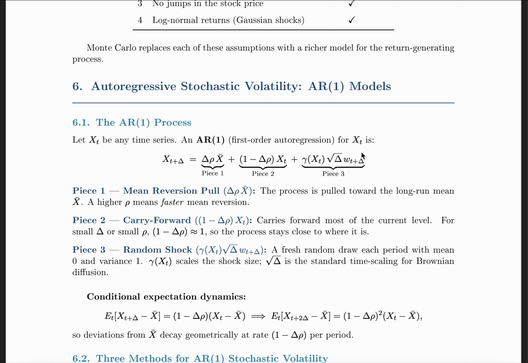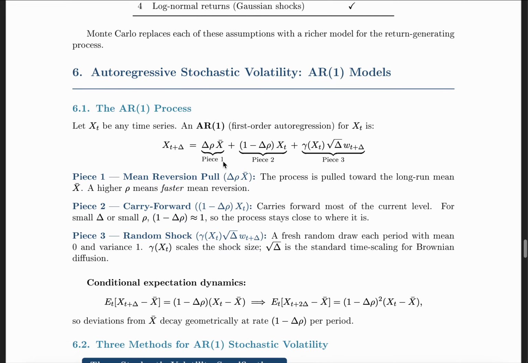Now, when you're first looking at this formula, it might seem intimidating. But once you take it apart into 3 separate pieces and understand what each piece means intuitively, it becomes much easier to memorize. So let's look at piece 1.